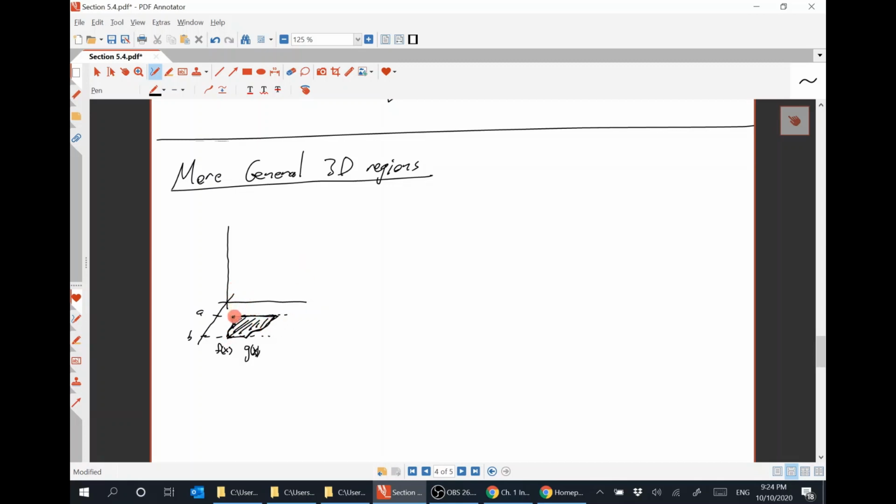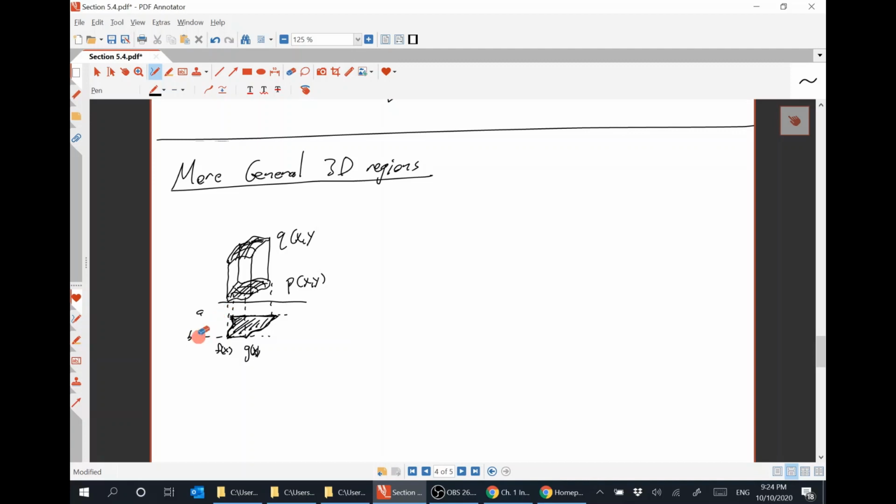And then the z is caught between two variable functions. So you have the surface p of xy and the surface q of xy.